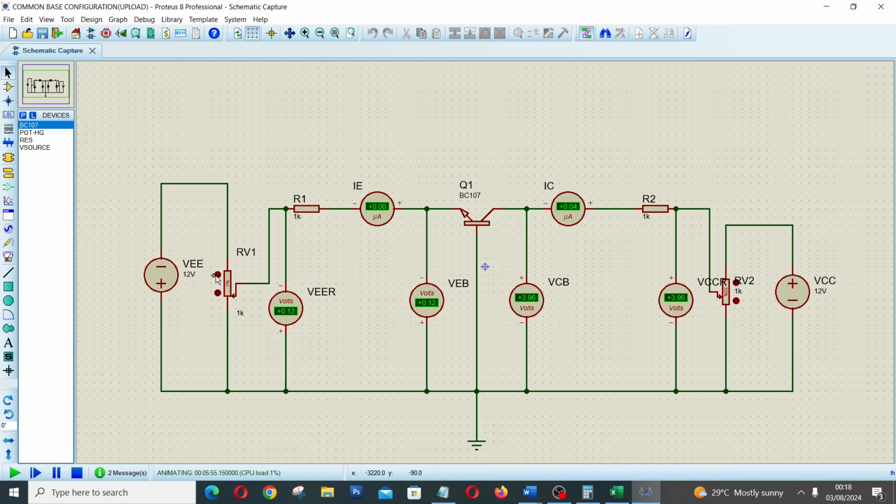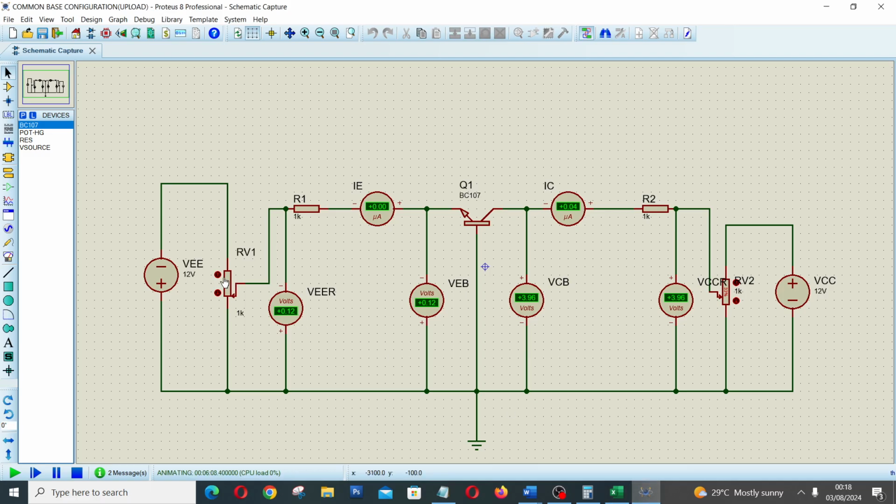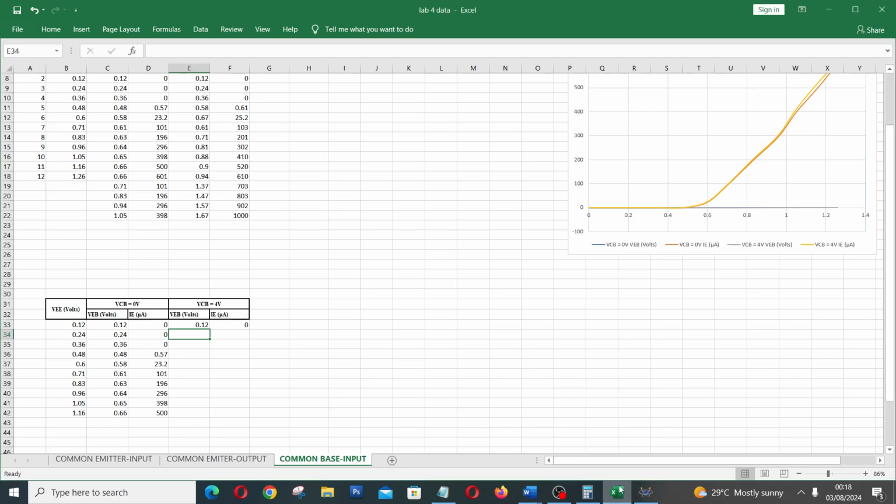We begin to iterate. At 3.96, 0.12, everything is 0, the IE is 0. Then at 0.24, it is still 0.